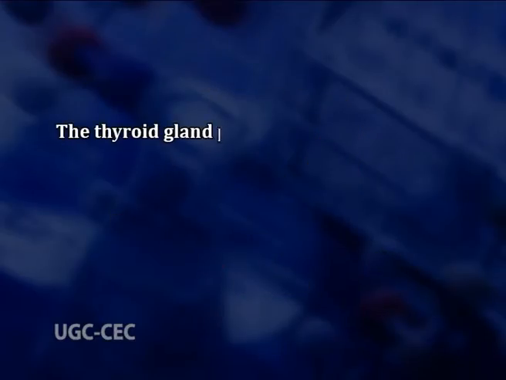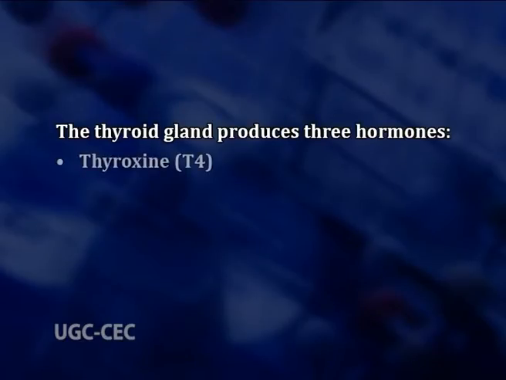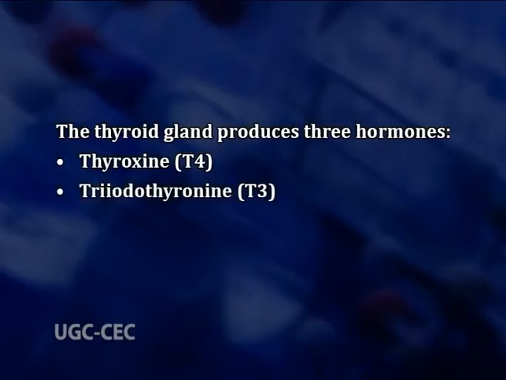The thyroid gland produces three hormones. These are thyroxine, that is T4, triiodothyronine, that is T3, and calcitonin. T3 and T4 are collectively called thyroid hormones and derived from tyrosine and are produced in the follicles, that is hollow spherical structures of this gland.